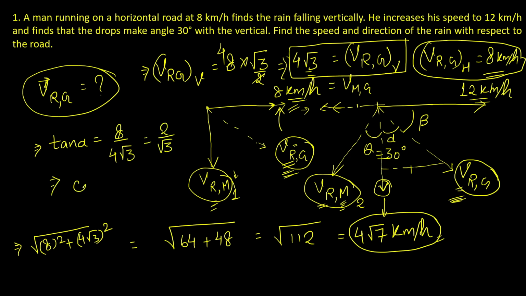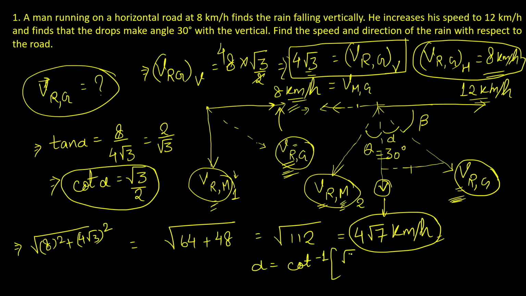Or I can say cot alpha is equal to root 3 by 2. So alpha will be equal to cot inverse of root 3 by 2. That is the answer. So the magnitude is 4 root 7 kilometers per hour and the direction is cot inverse of root 3 upon 2. So this is the answer to this question.